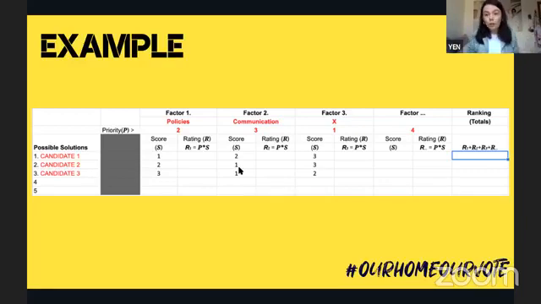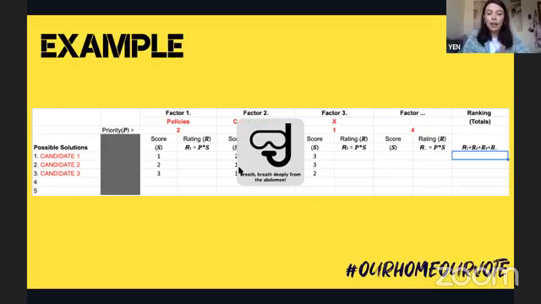But the whole point of this is to be able to rank your candidates or your solutions to a certain decision on whatever factor that you have. So for example, in this decision matrix, we are ranking our candidates based on our policies and our factors.